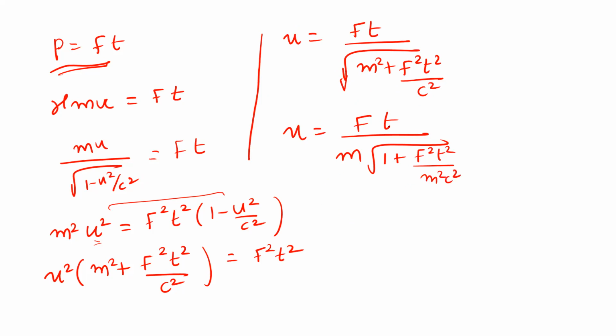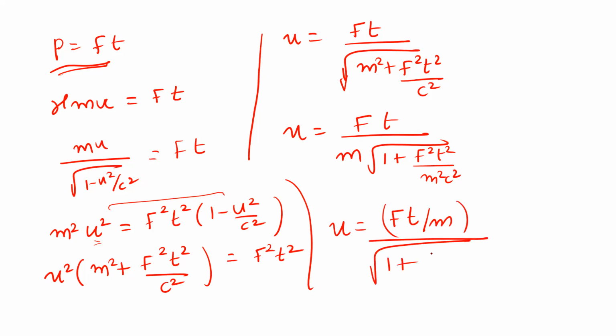Or we can write u is equal to Ft by m divided by the square root of 1 plus Ft by mc, whole square, so that you get the same term here and here.